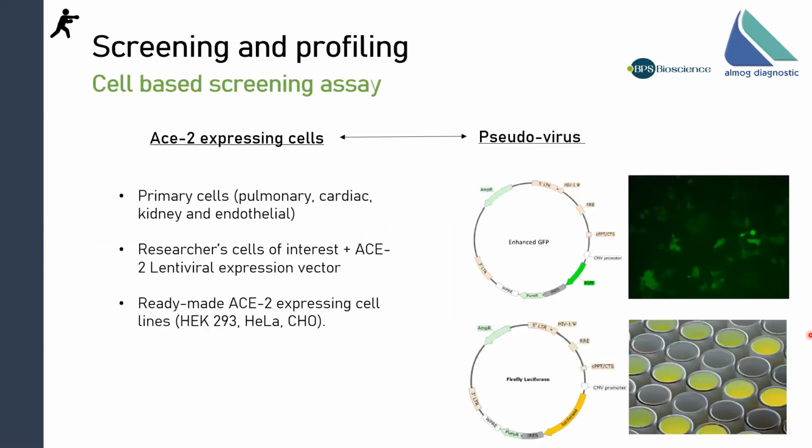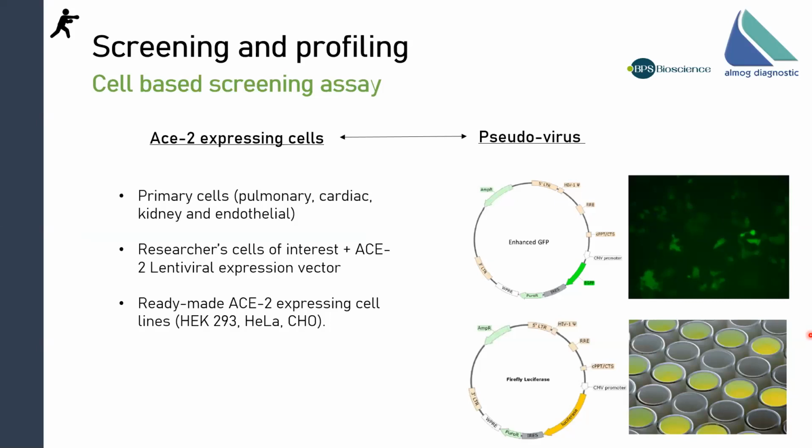The second screening assays that can be performed are cell-based, which mimic more the microenvironment inside the host cells. So here also we need two components. One is the ACE2, which is expressed on the cell surface.